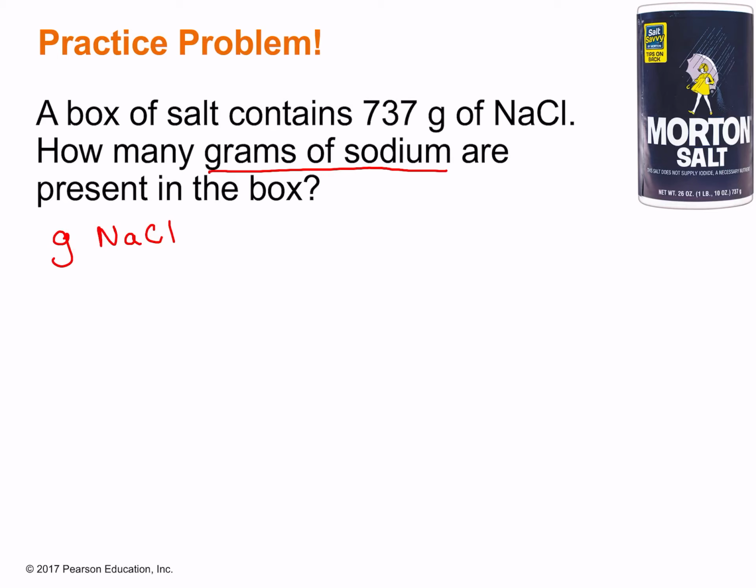We're always going to have to convert to moles and use that mole ratio. So we're going to go grams of sodium chloride, and we're going to turn that into moles of sodium chloride. And then once we get moles of sodium chloride, we can convert to moles of sodium. And then once we get to moles of sodium, we can get grams of sodium.